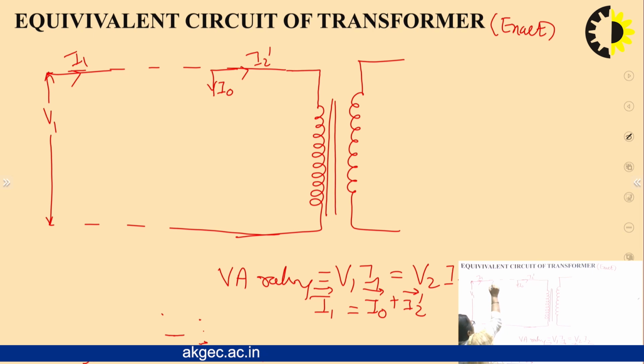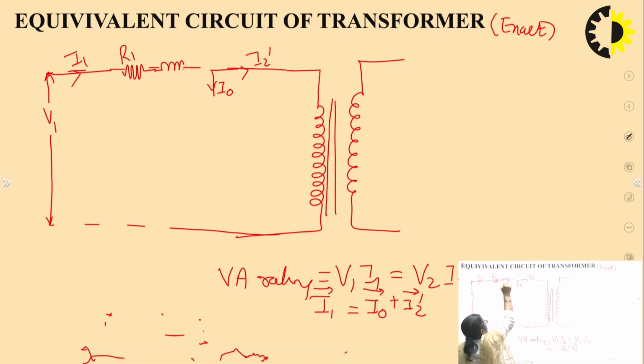Now the primary winding resistance, say that is R1, and then the leakage reactance X1.